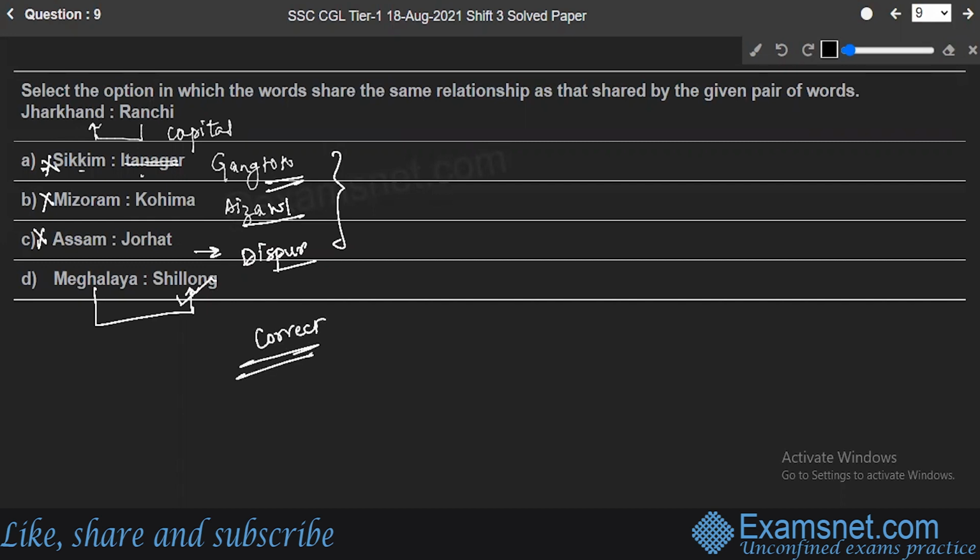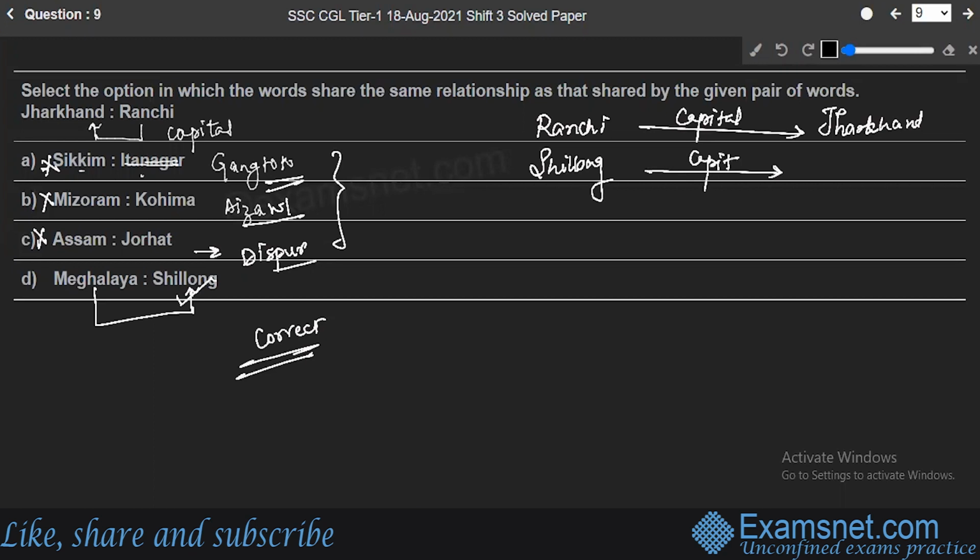So we got our answer. Jharkhand and Ranchi: Ranchi is the capital of Jharkhand. Similarly, Shillong is the capital of Meghalaya. Option D is the correct answer to our question. Hope you're clear with this.